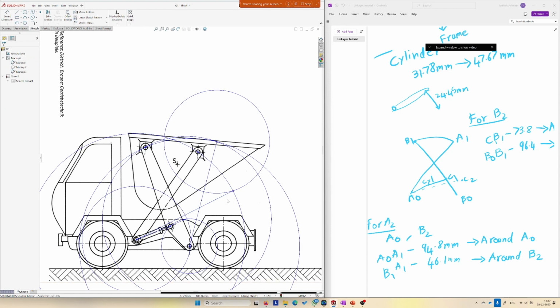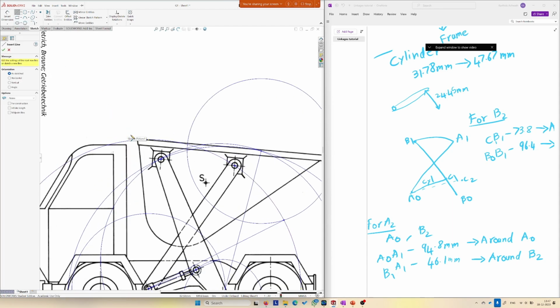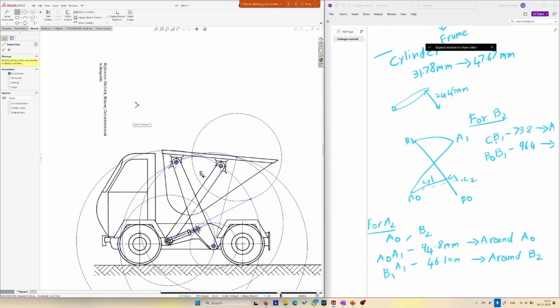And based on this, we need to sketch the new position of the dumper. So basically now we have everything.